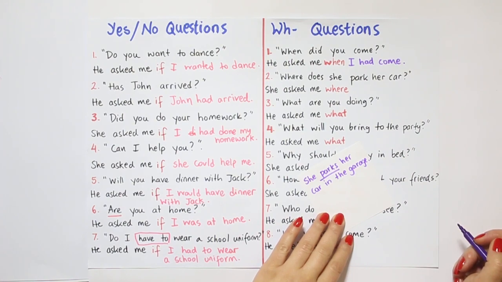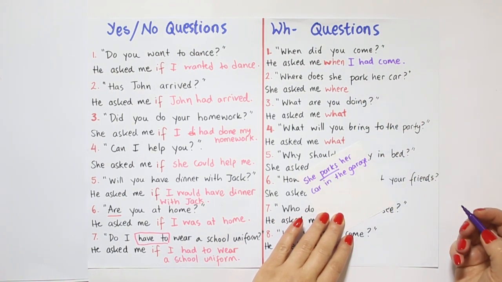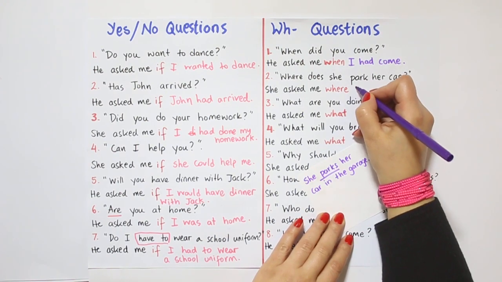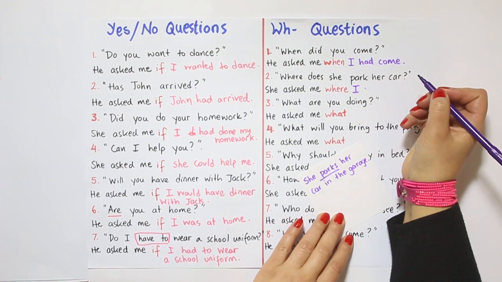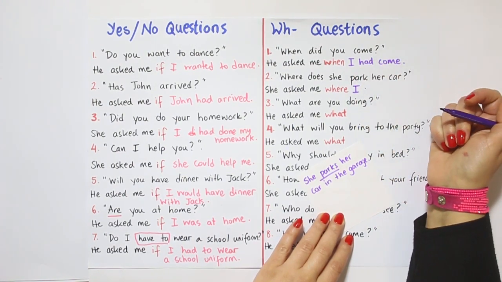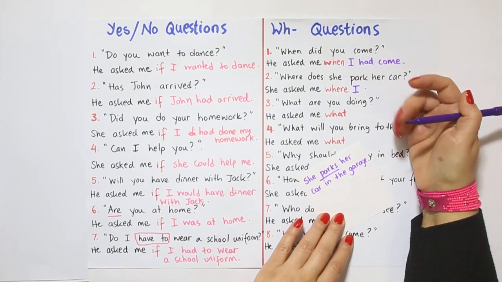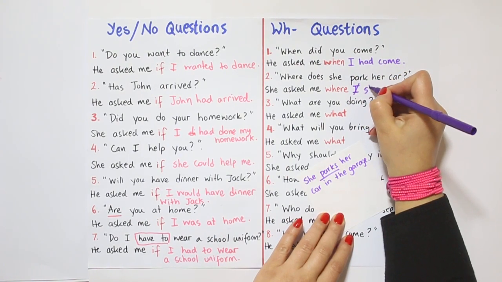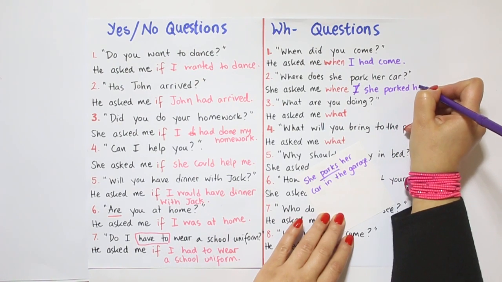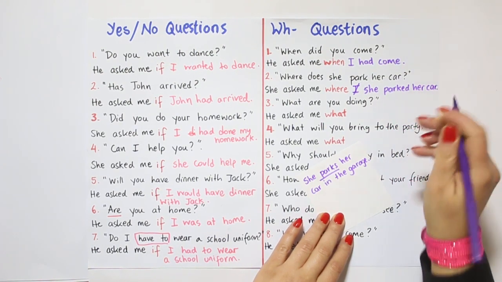We use past tense. So the answer is going to be in past tense. She asked me where does she park her car? I'm sorry, the person is she. So she asked me where she parked her car. All right?